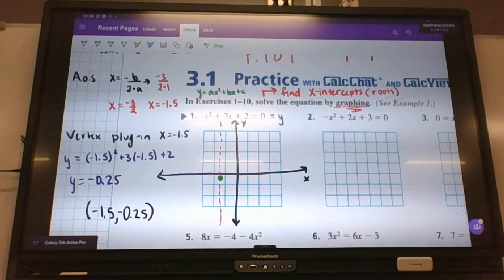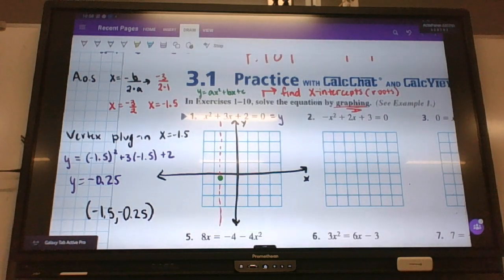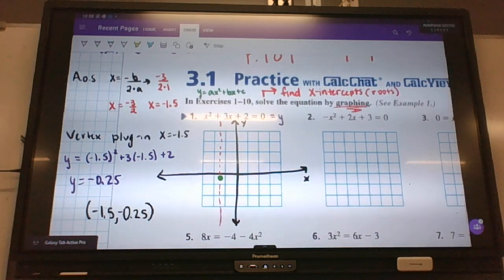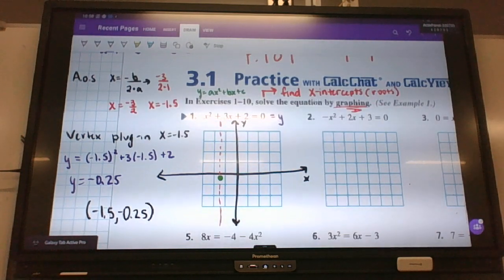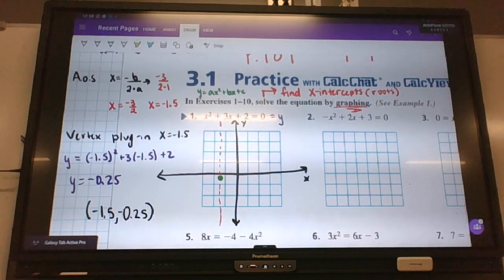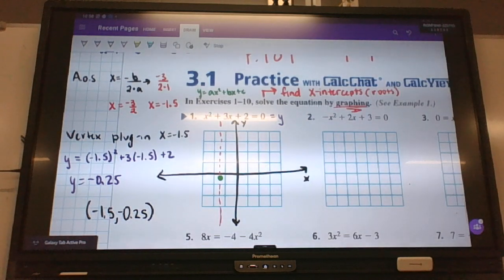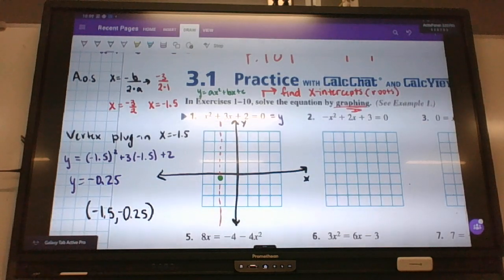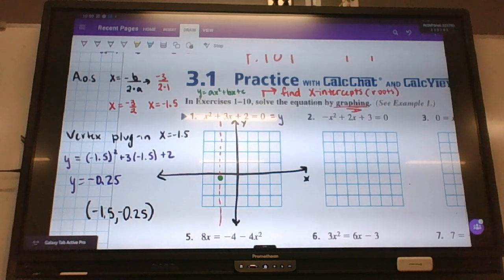So why are we finding the x-intercept? When it says solve, that means find x-intercepts, which it would be great if they were a little more clear, like find x-intercepts. I said 1.25. Oh, it's supposed to say 1.5. Yes, it is.